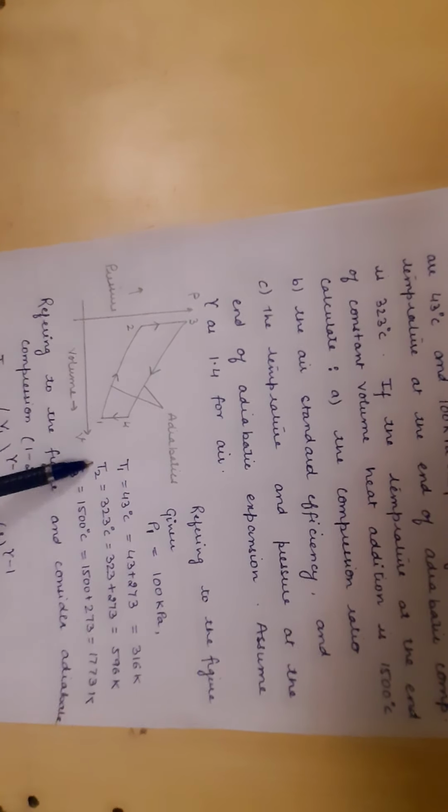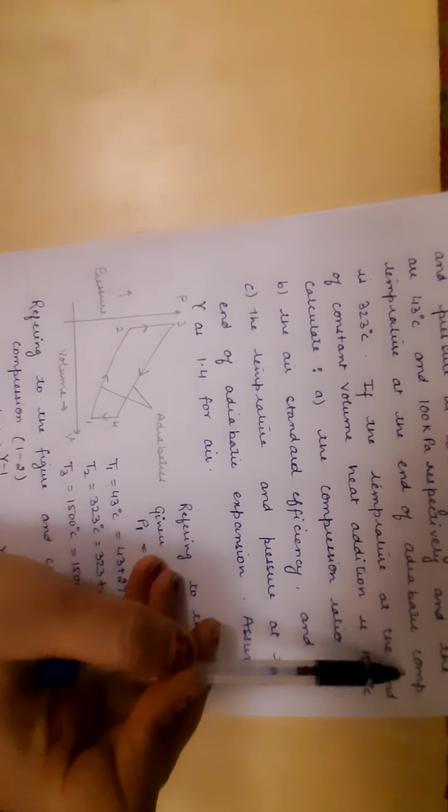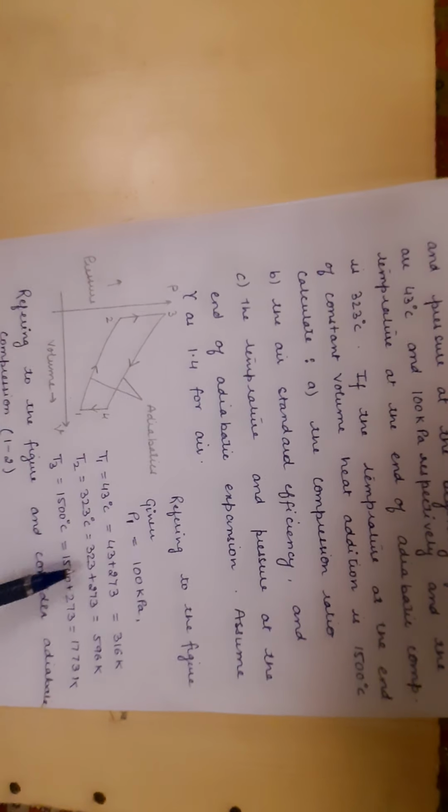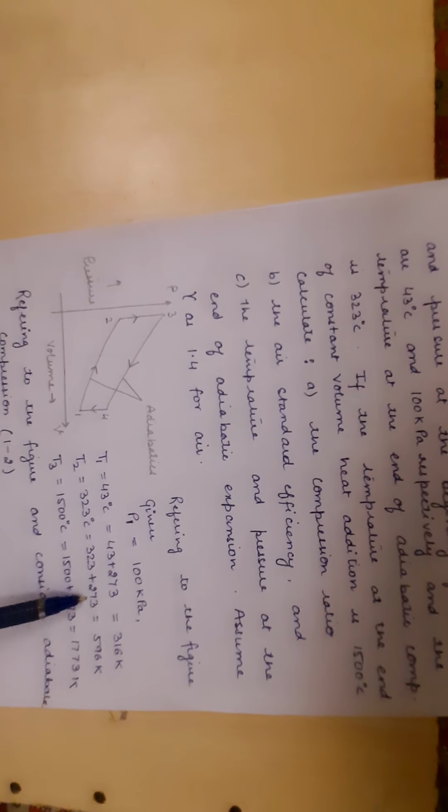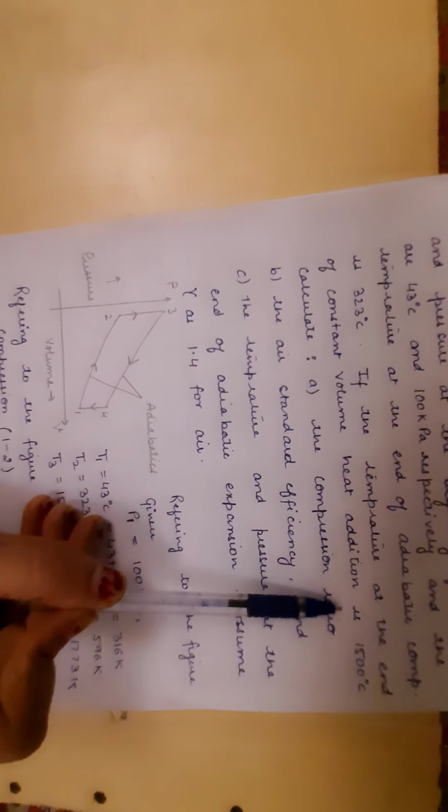Next is your T2. How did we calculate the end of the adiabatic compression? When the adiabatic compression ended, the temperature is 323 degrees centigrade. That is this point. So this will be temperature T2, and we have converted it again into Kelvin, that is 596 Kelvin. Thereafter comes the value of T3. T3 is the end of the constant volume heat addition.